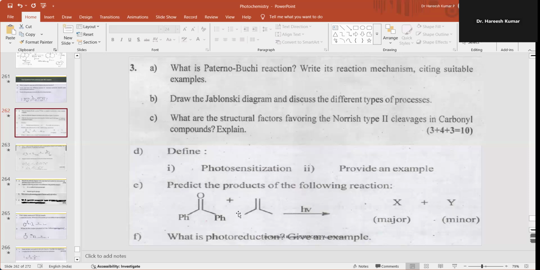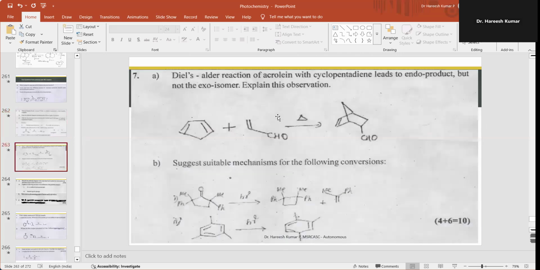And this is an example for the Paterno-Buchi reaction. One will be major, another will be minor. That you have to study. Then photoreduction. Photoreduction means on irradiation, if the carbonyl compounds undergo pinacol product formation, such products are called photoreduction products. I will go to the next slide.